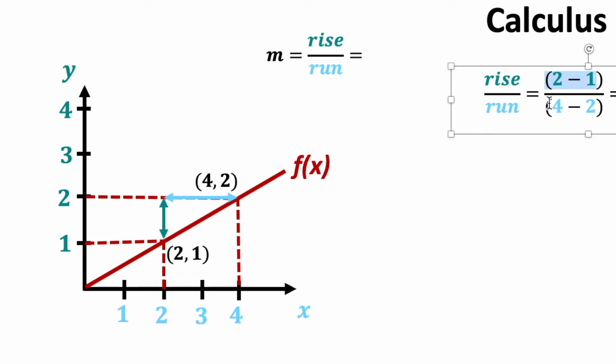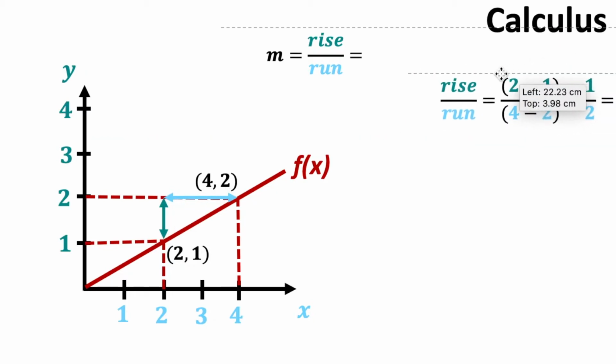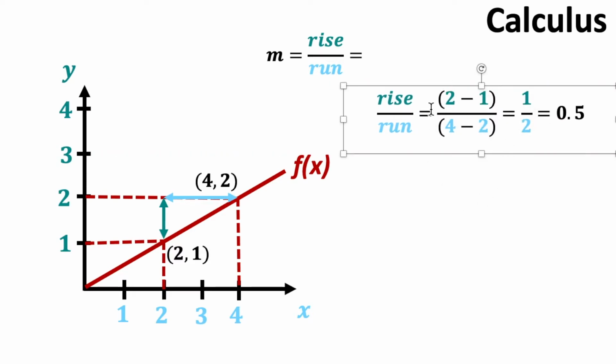And then for the run, we used the farthest value minus the closer value, so 4 minus 2, and that will give us the distance between the 2 points, but only on the x. So this is the dy, this is dx. And so if you simplify this equation, this is what you could get.